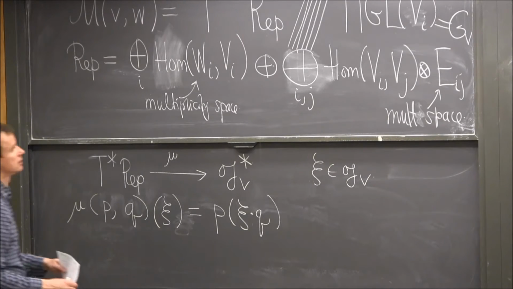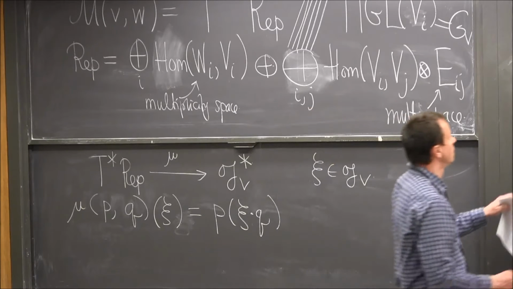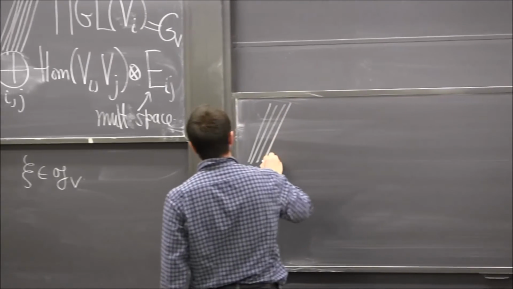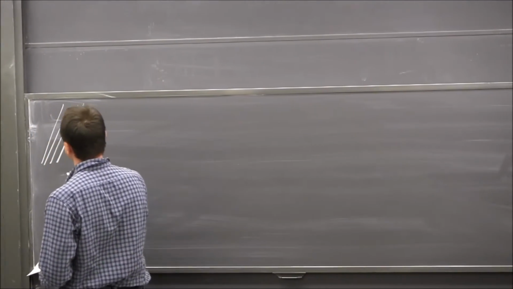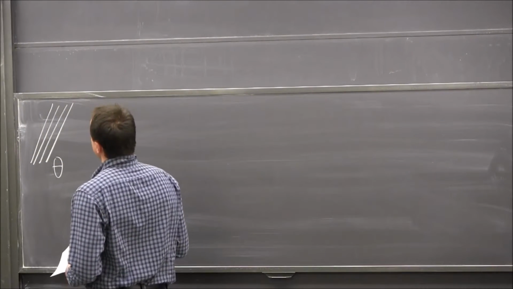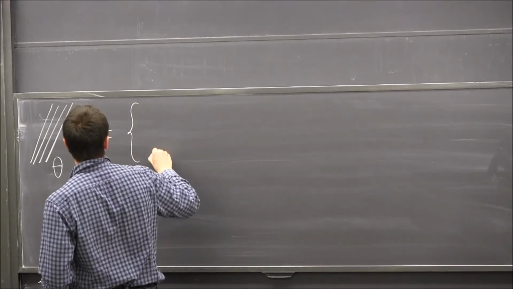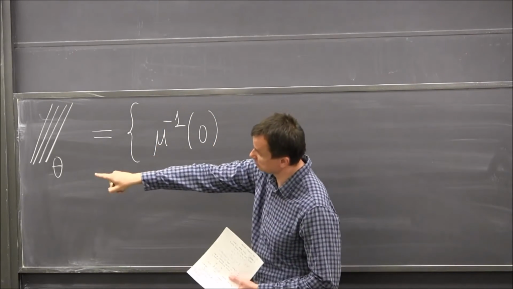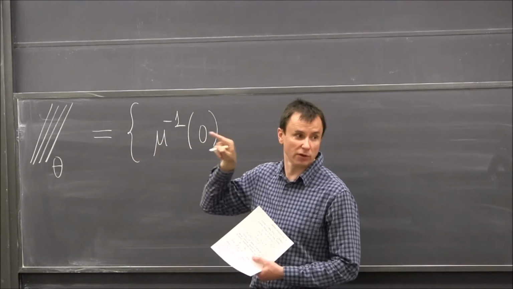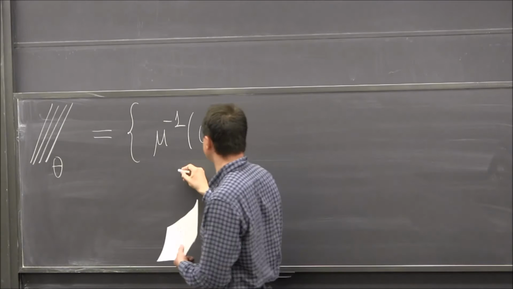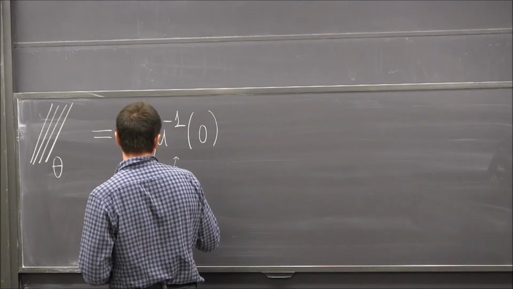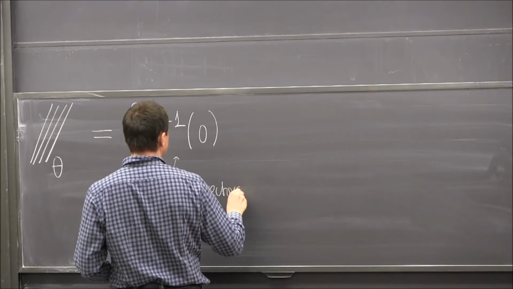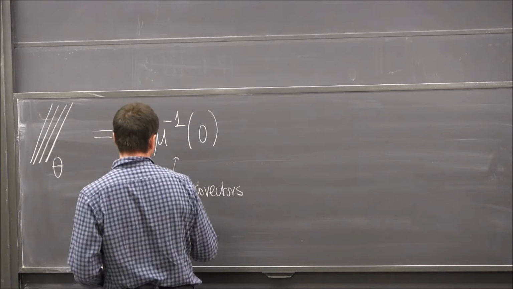And so this double slash means there's a choice of a character theta. You first take mu inverse of 0, and the geometric meaning of this is that the covectors vanish on the tangent to the orbit, so you choose covectors perpendicular to orbits.